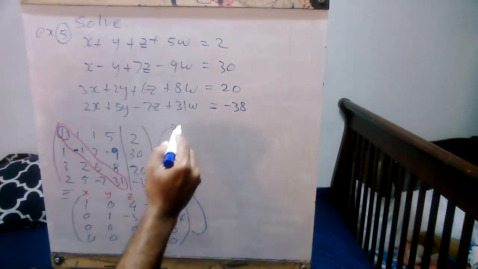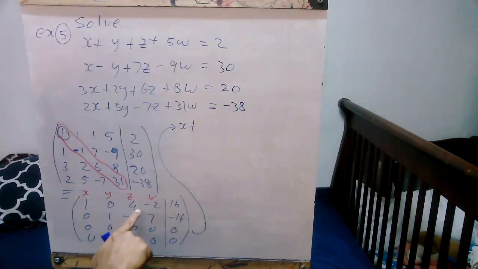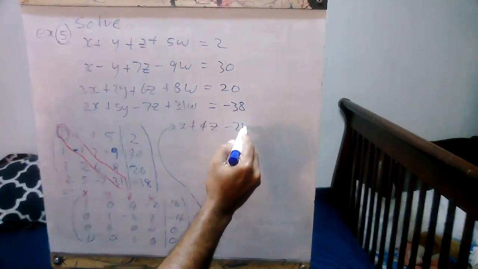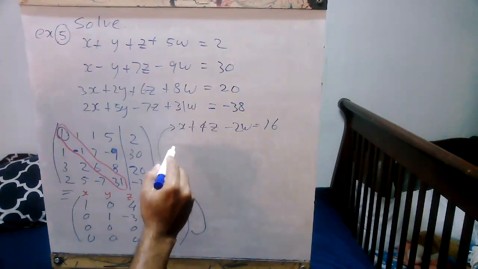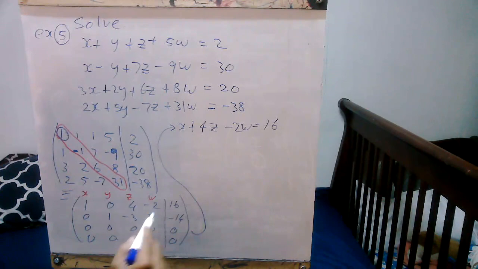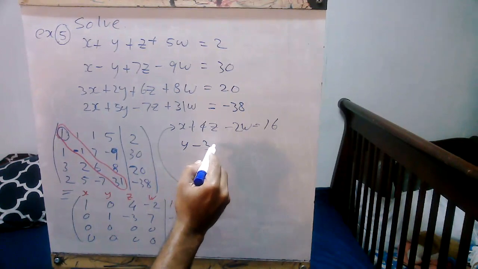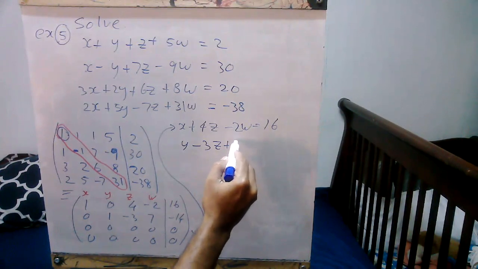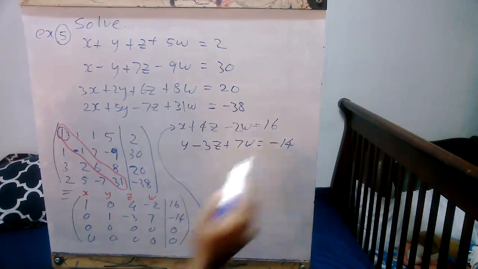We can say x plus 0y, you don't have to write that, plus 4z minus 2w equal to 16. This is y minus 3z plus 7w equal to negative 14.